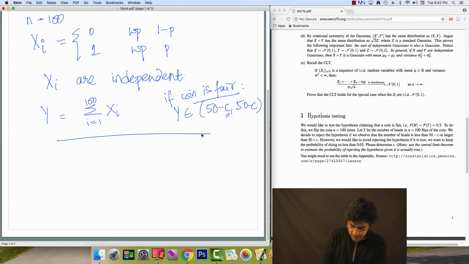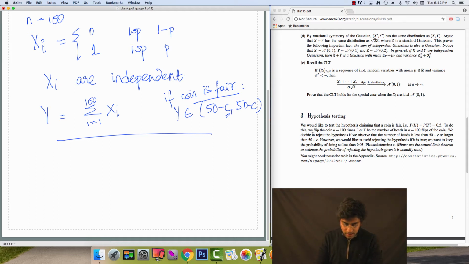Okay, but mathematically, what are we trying to say? Since we're working with probabilities, what we want is that the probability we are wrong is low, which means the probability that we reject the hypothesis, if it is in fact true, that probability should be low.